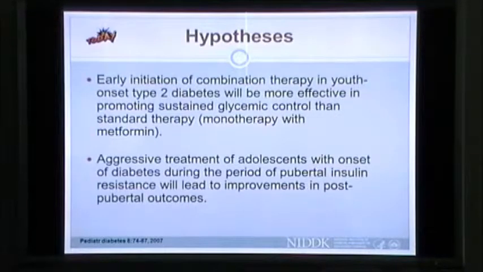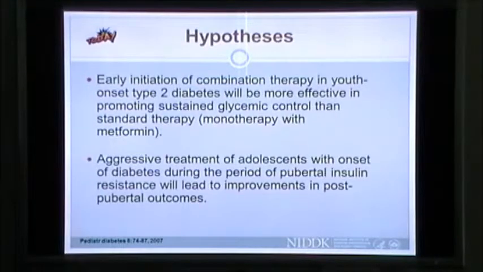The question we wanted to ask was, does it make sense to aggressively treat kids during this period of worsening insulin sensitivity to prevent them from having progressive beta cell failure and perhaps end up with a situation after puberty in which glycemic control is better?